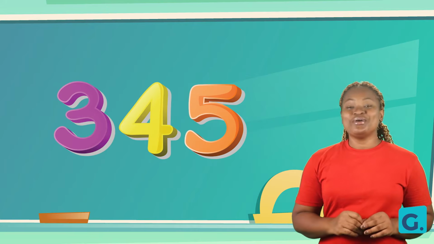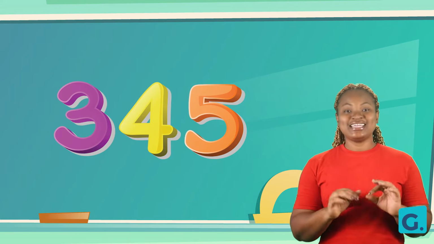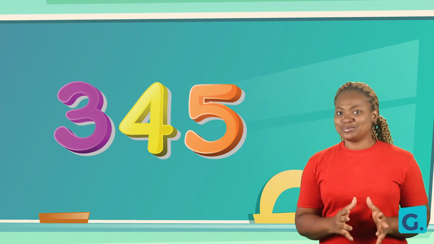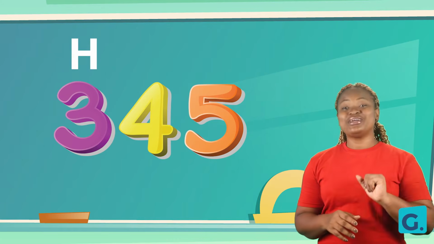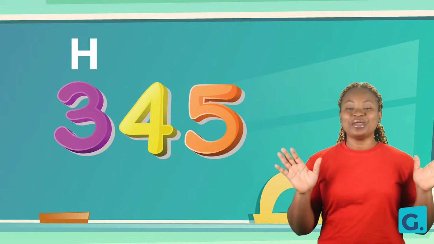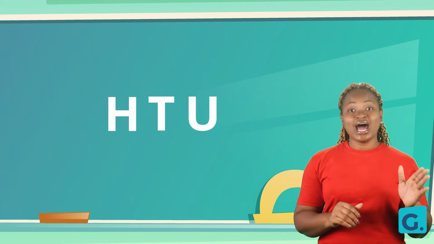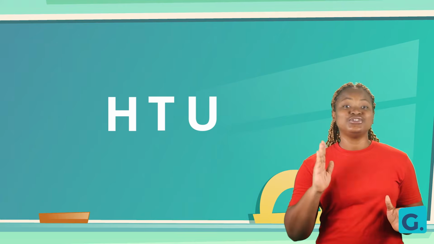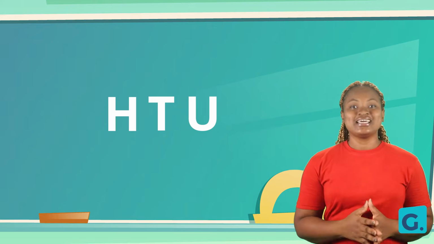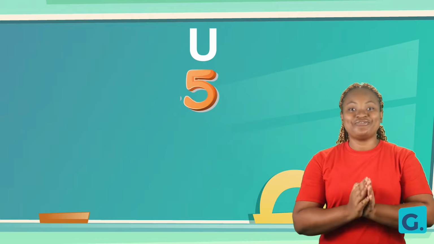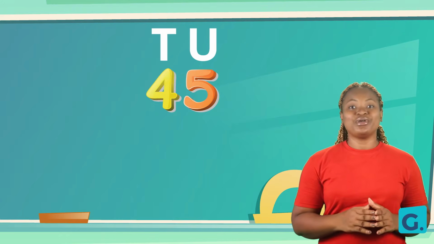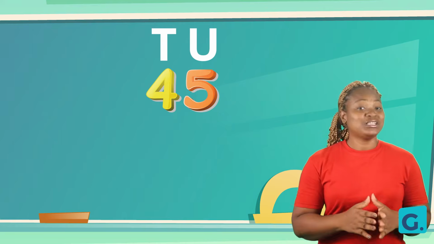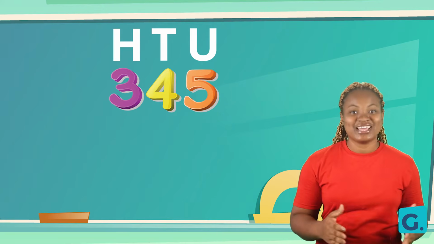So therefore, we are going to put 3 under which place value? Hundreds, right. So because it's a 3-digit number, we are going to have 3 place values, and that will be hundreds, tens, and unit. Of course, starting from the least value, 5, is going to be under the unit. 4 will be under the tens, and we are going to put 3 under the hundreds.